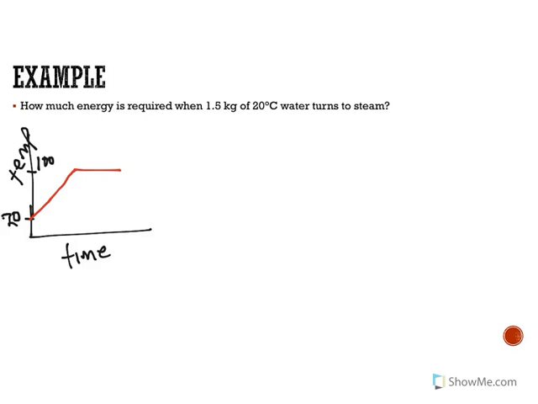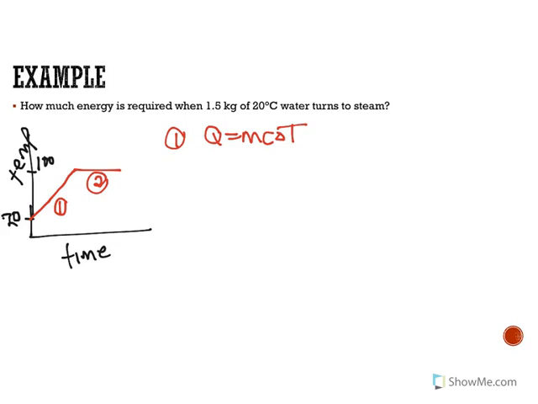So now if we take a look at this, we have two different scenarios happening. We have a phase change and a change in temperature. So we need to use two different equations here. Remember, whenever we have that change in temperature, or section 1 there, we need to use Q is equal to mc delta T, our specific heat formula.